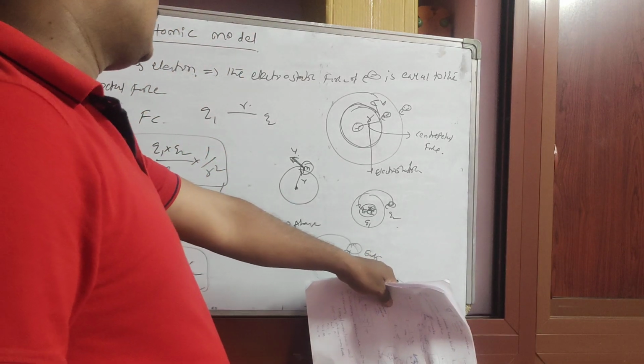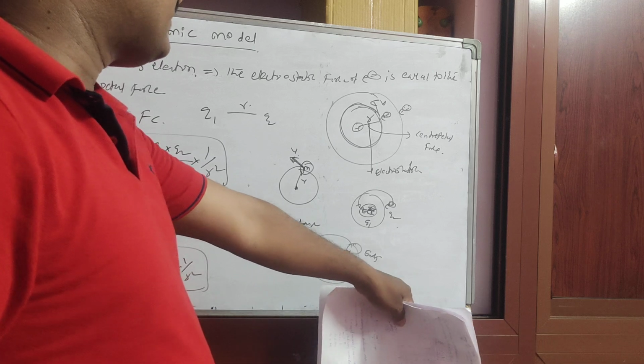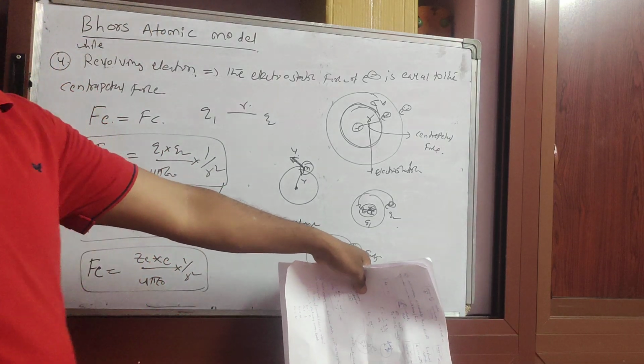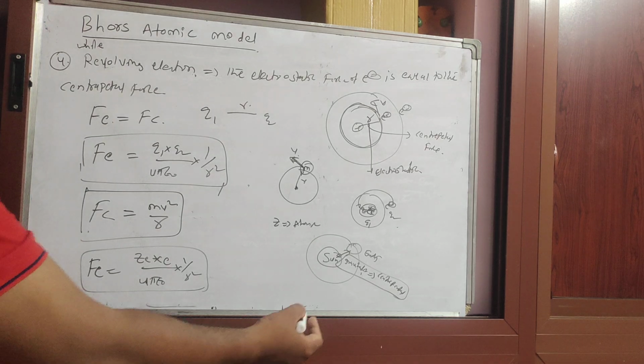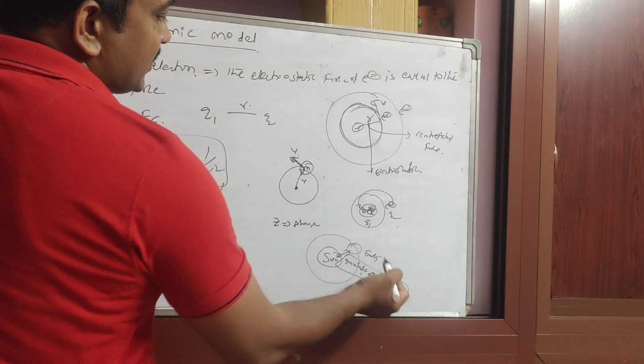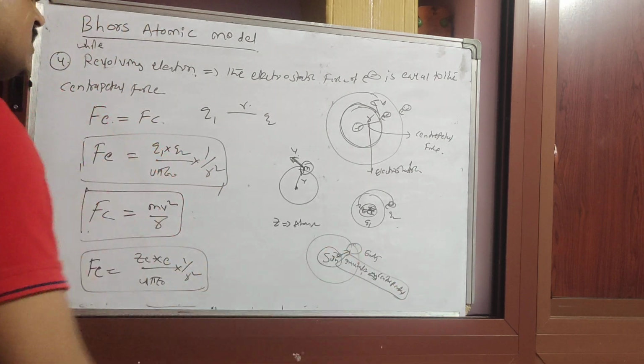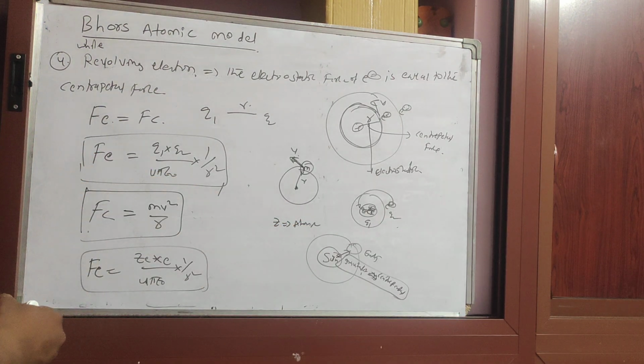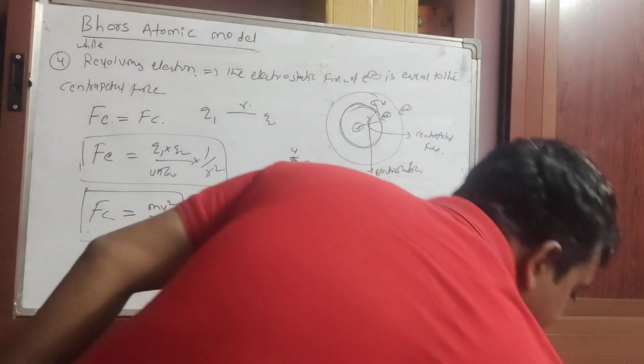Otherwise, if the gravitational force and centripetal force are not balanced, the earth would come into the sun and collapse. Due to the gravitational force being stable and equal to the centripetal force, only then is the earth rotating around the sun. This I have to remember.